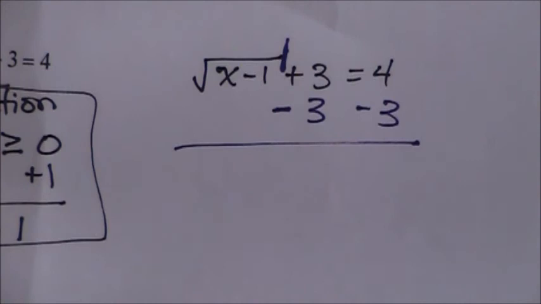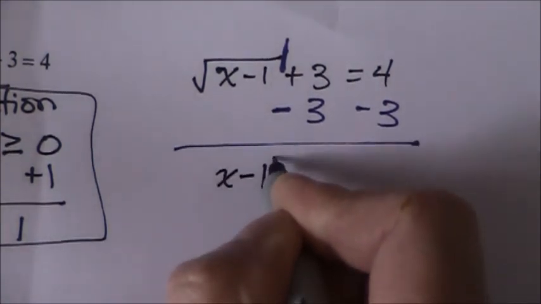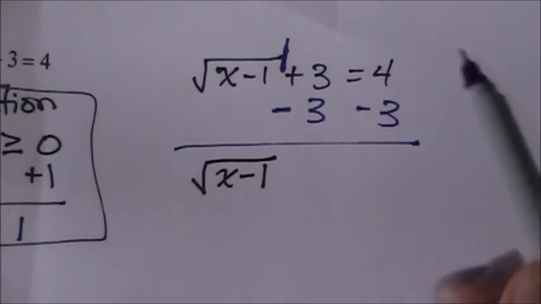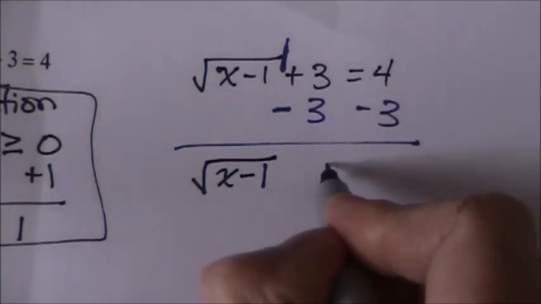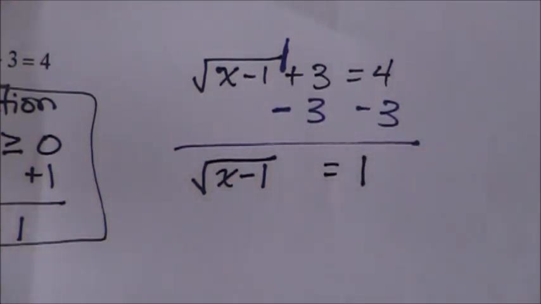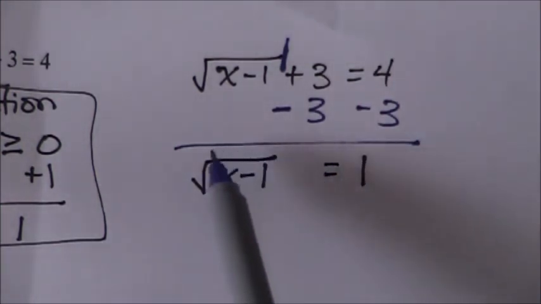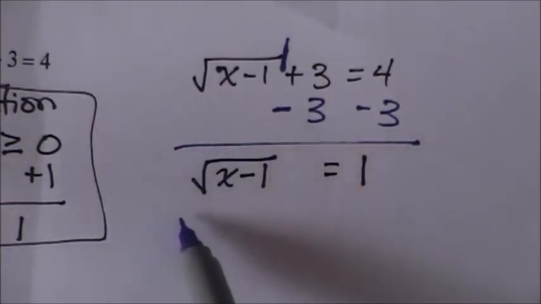When we go to do that, on the left-hand side, we're left with our radical, so x minus 1 under the radical sign. 3 minus 3 is 0. 4 minus 3 is 1. At this stage now, the only thing on the left-hand side is that radical, the square root.